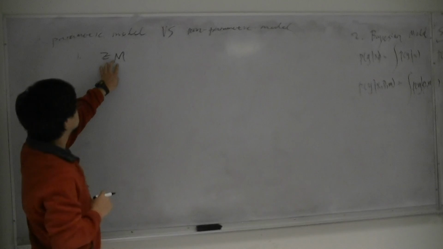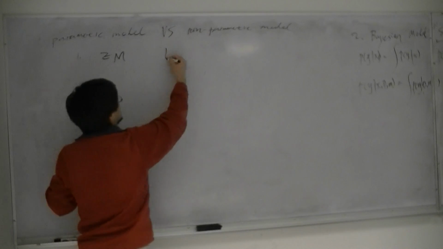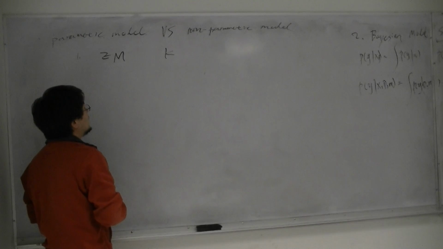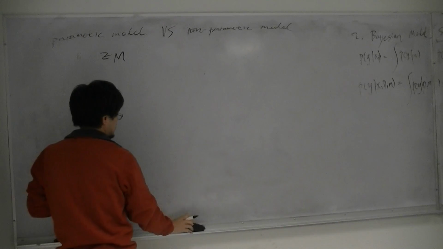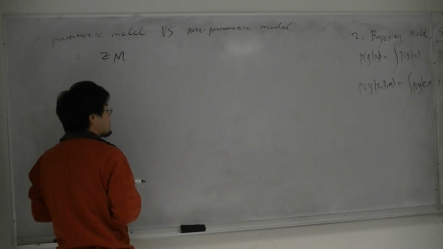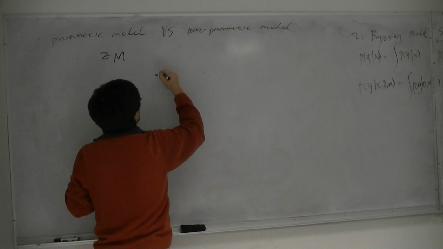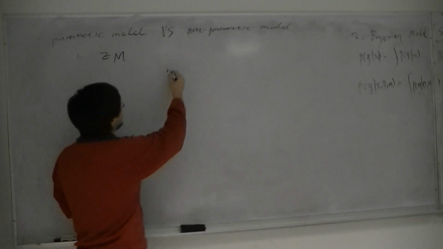I tend to call this an algorithm for solving the model. For example, if you have a key, what do you call it? We call it a mixture of Gaussians, yes.